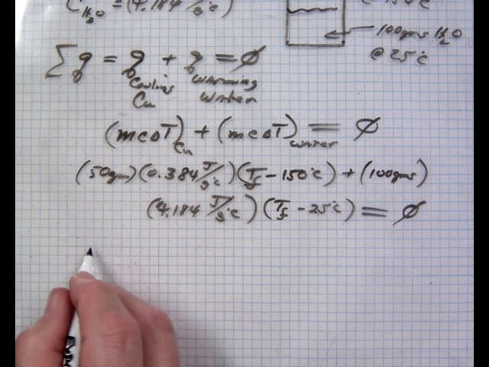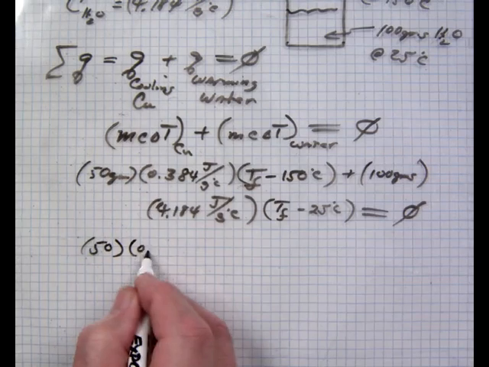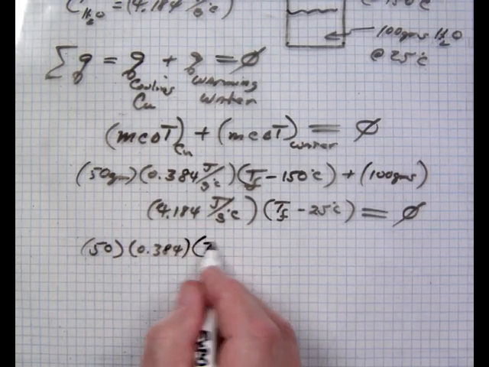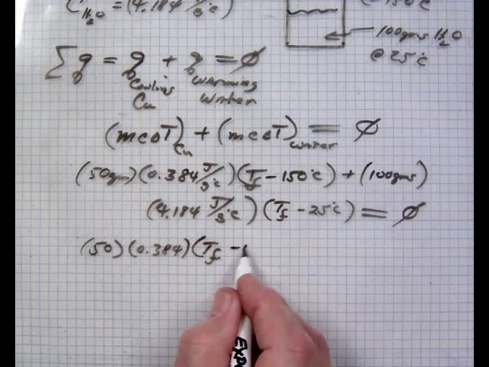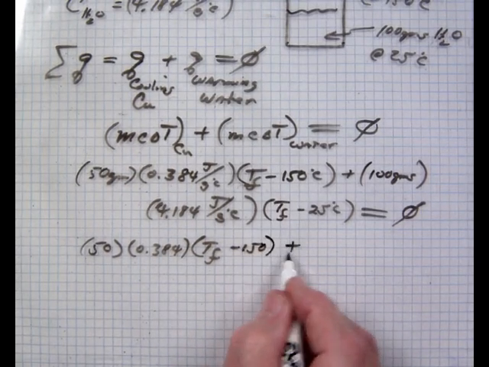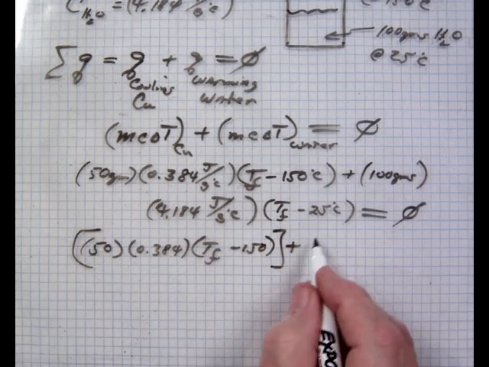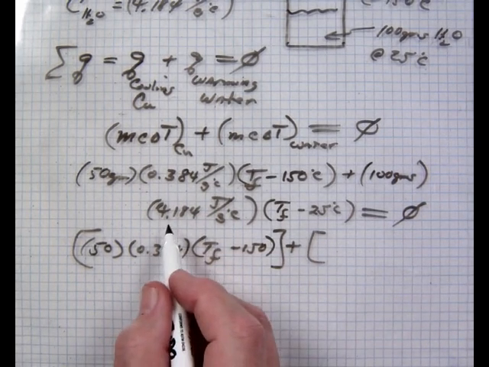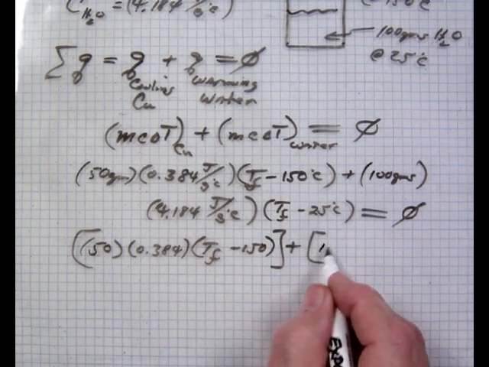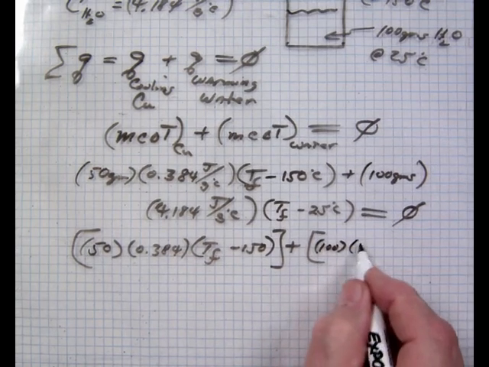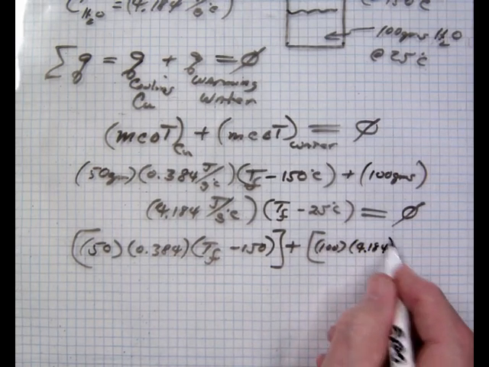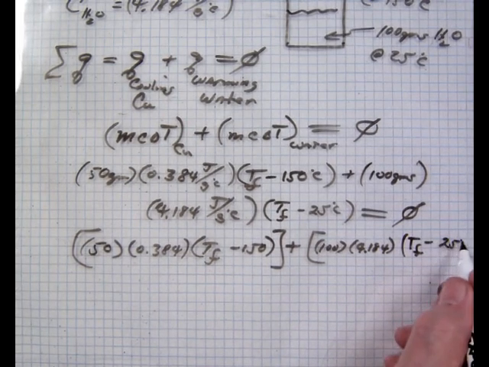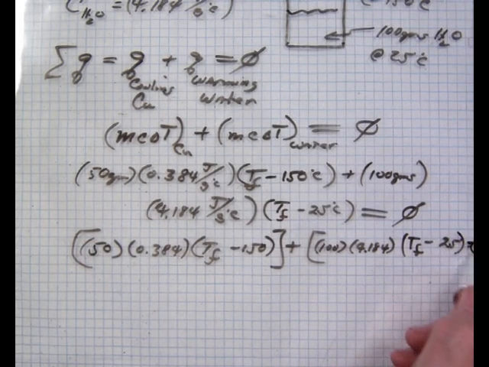For example, 50 times 0.384 times T final, which is the objective, minus 150, plus the water, 100 grams. We got 100 times 4.184 and T final minus 25, and all that's equal to 0.